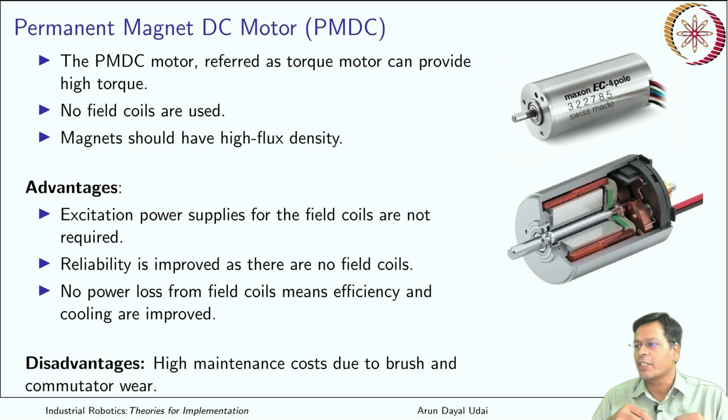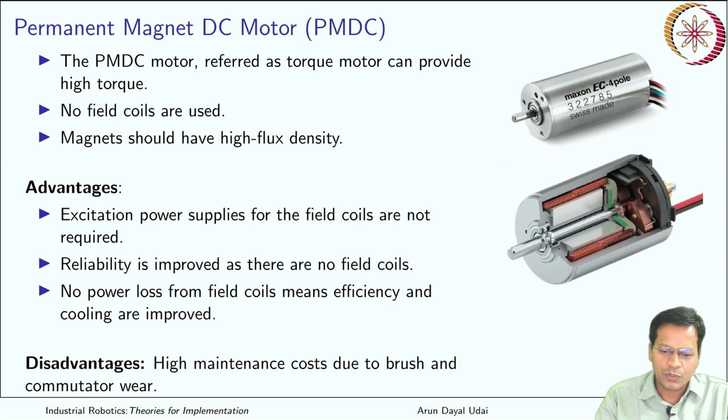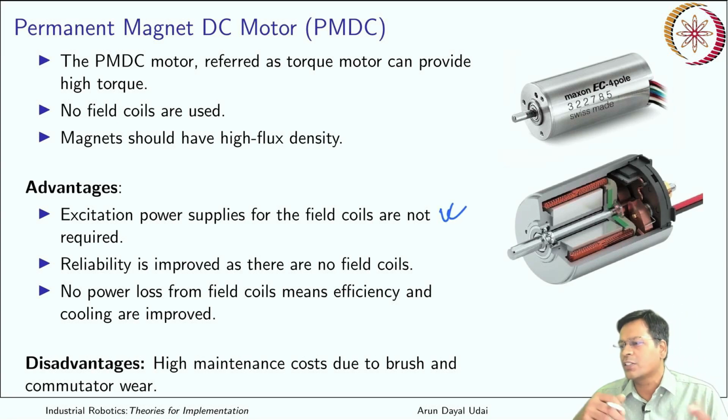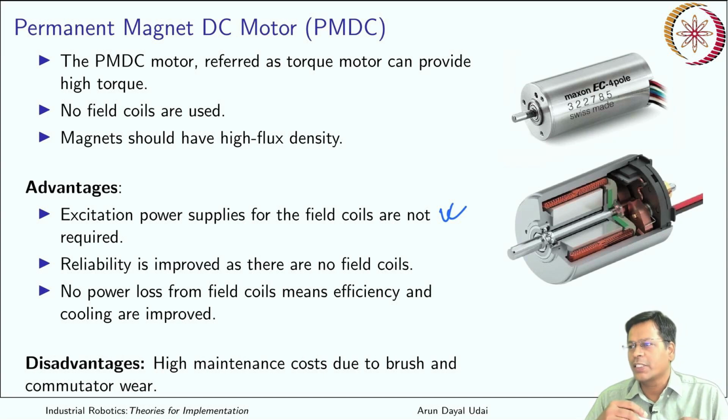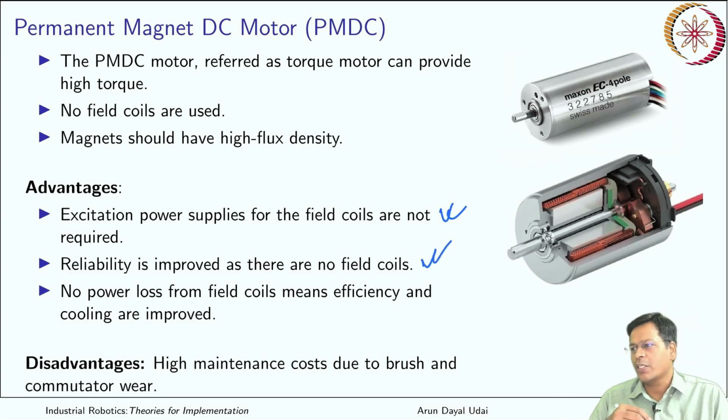They are very advantageous in a way. Excitation power supplies for the field coils are not required, so it doesn't draw your energy, right? Reliability is improved as there is no field coil, fewer parts, so that cannot go wrong. And power loss from the field coils is eliminated, so efficiency and cooling are improved.